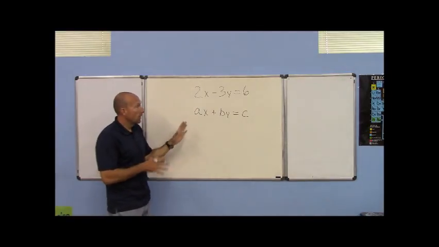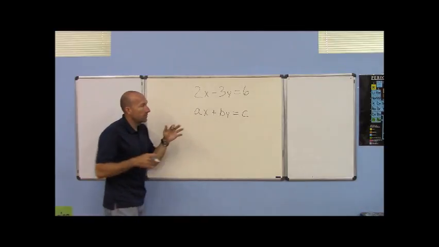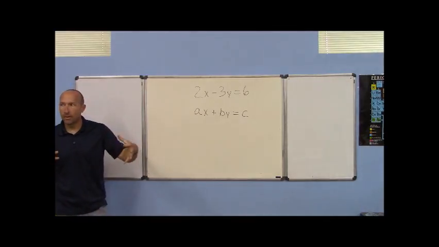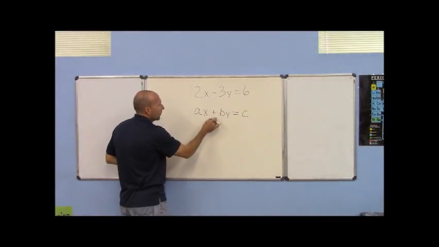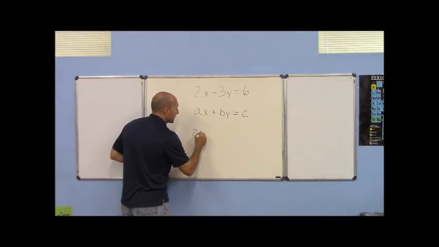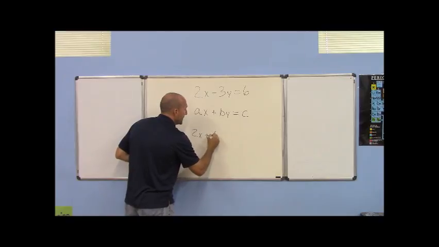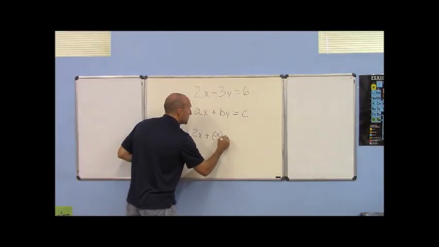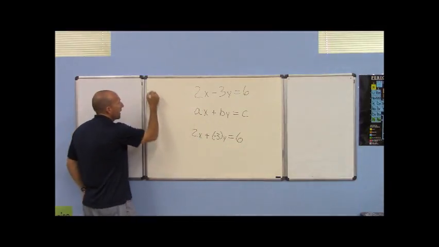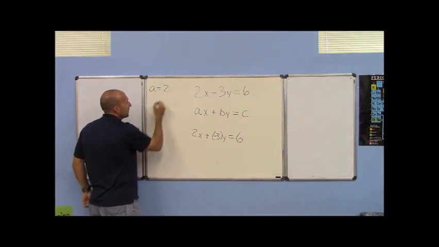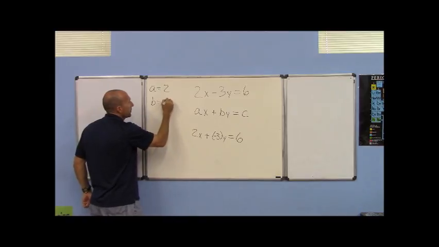They're kind of throwing in a couple of learning opportunities with this, where we are still doing 2x plus a negative 3 times y, and it equals 6. So here our a is 2, our b is negative 3, and our c is 6.